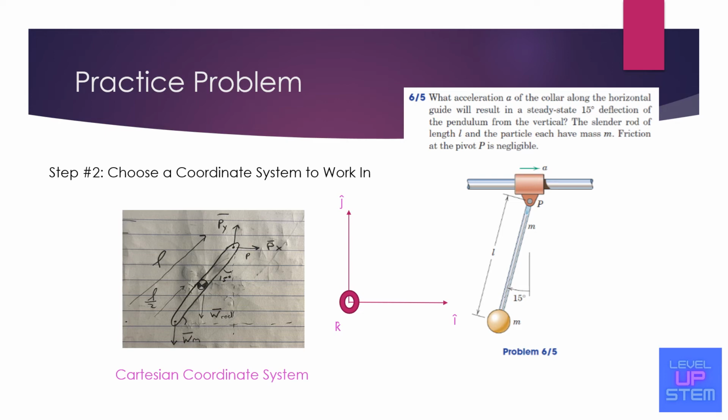Another coordinate system you could choose is the polar coordinate system or the normal-tangential coordinate system, but the Cartesian is probably the best, with the i hat, j hat, and k hat directions. And by the way, this k hat circle here means that the positive k hat is coming out of the screen.